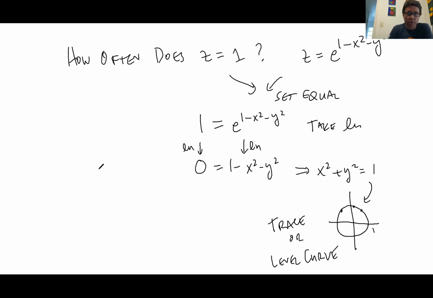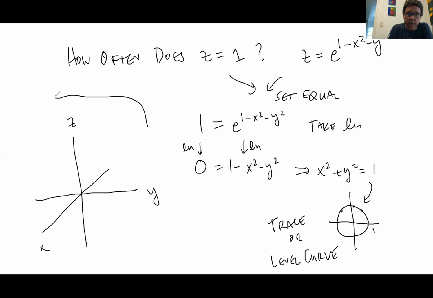And if you try to put this all into a plot that's actually in 3D, with x, y, and z, drawing the circle down at the bottom. If I pick any point in there and plug it into the function, they would all be up here at 1.